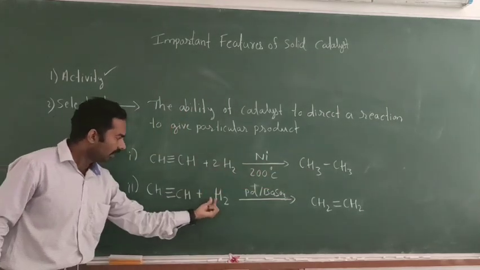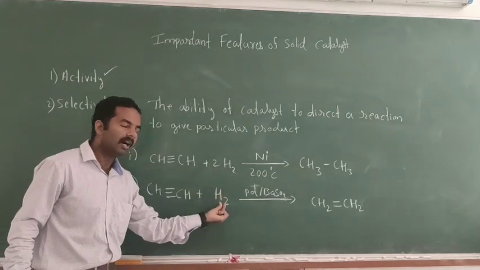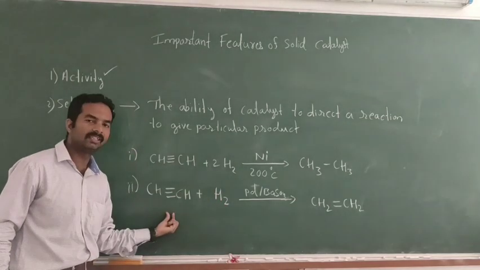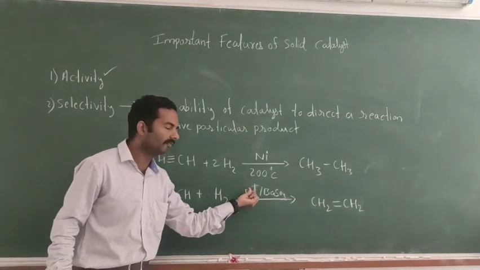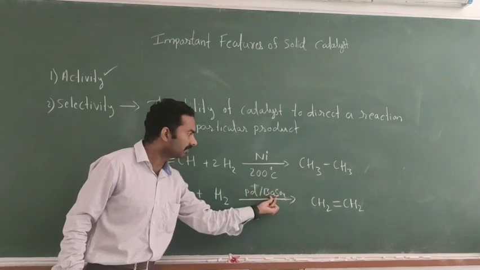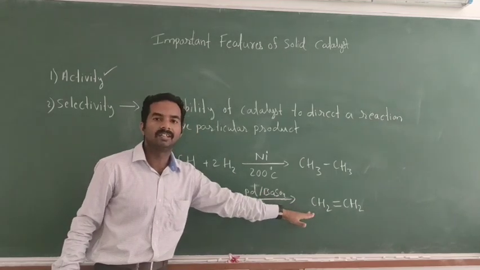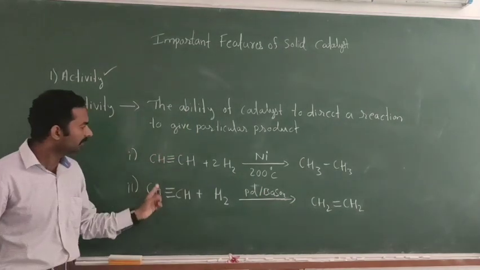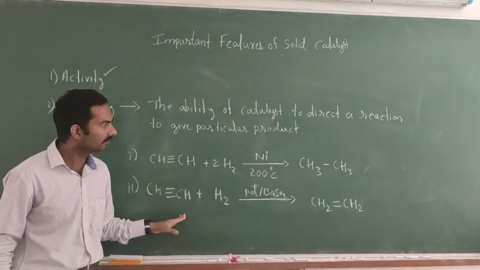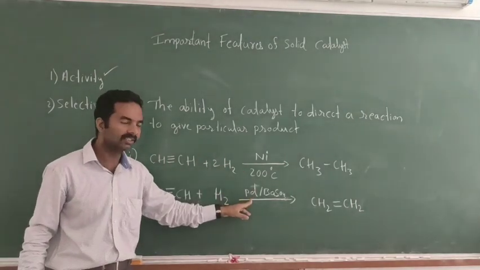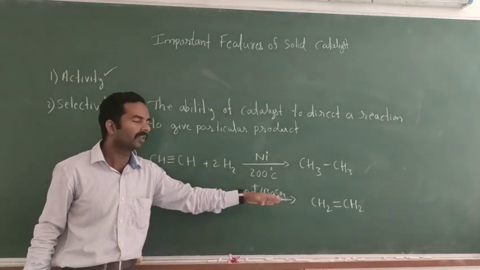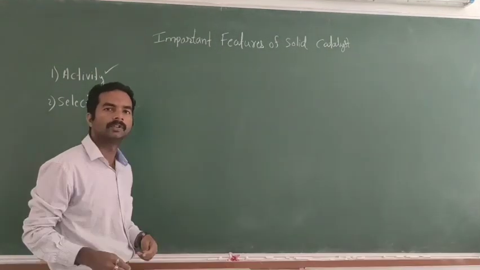So here second example, hydrogenation in presence of lead in barium sulfate, it gives ethene. So here we are using same reactant but different catalyst, therefore we get different product.